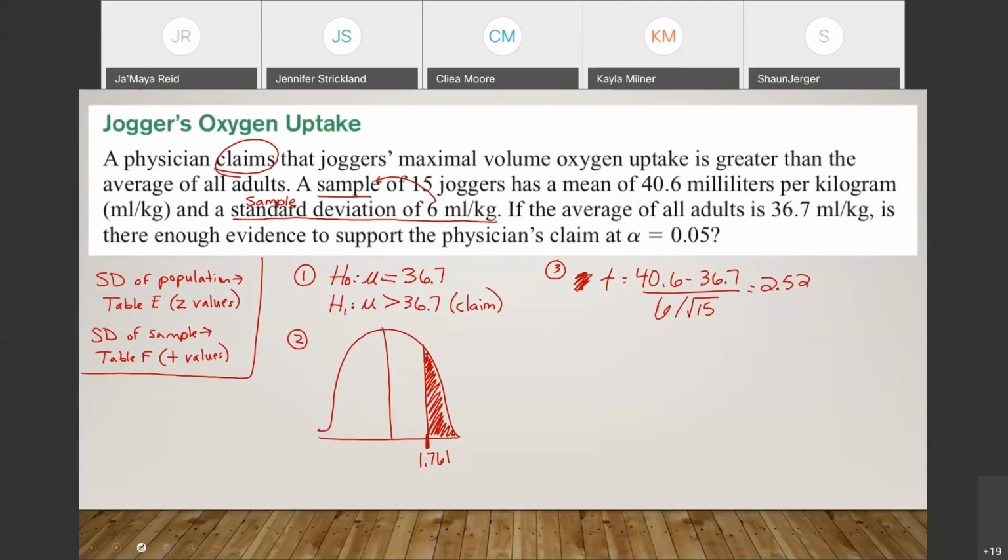All right, so let's mark it off. 2.52 is going to sit over here in the shaded part. Carrying it back to 0, where's the other mean? You're asking yourself, are those basically the same or are they different, those two marks? They are different, right?